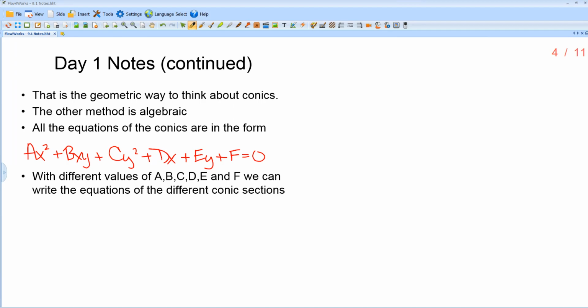By putting in different coefficients for a, b, c, d, e, and f, we can write equations of different conic sections. So for instance, you guys are used to things like y equals mx plus b. You remember that as being a line. Well, in y equals mx plus b, you have an x term, you have a y term, and you have a constant.